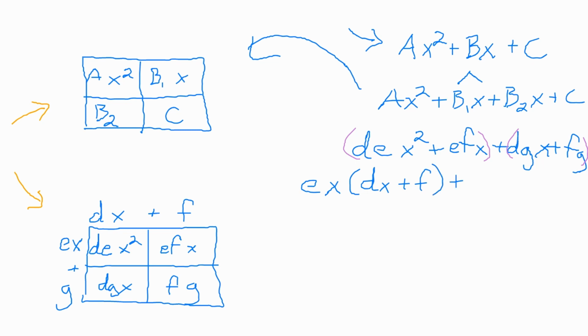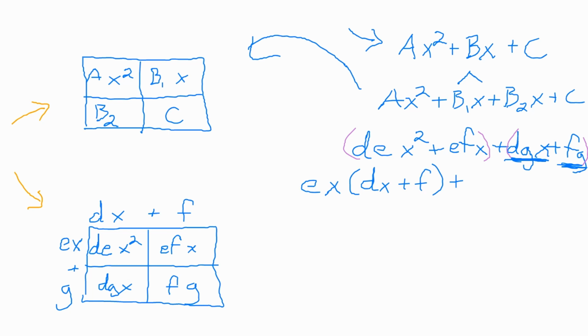What about this next parentheses? What can I factor out? I say DX. Well, take a look. You're looking for things that are common between here and here. F. You see an F in both those?